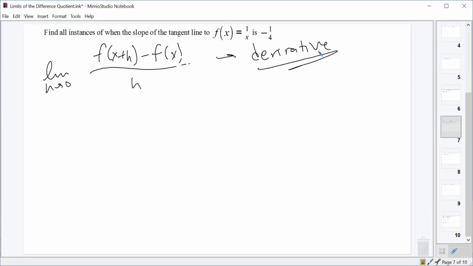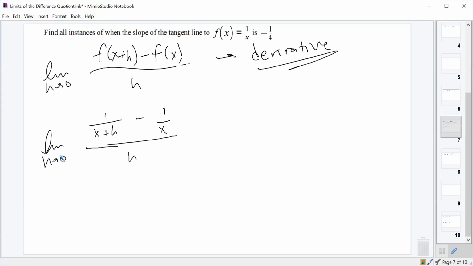So we want to find the derivative using this formula of 1 over x. So that ought to be 1 over x plus h minus 1 over x, all over h, with a limit as h approaches 0. Everybody good with that or no? Yeah. All right, cool.